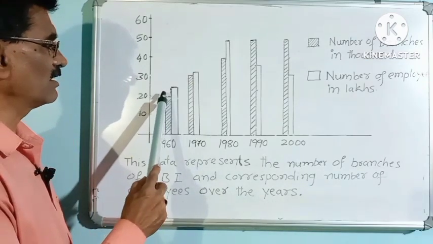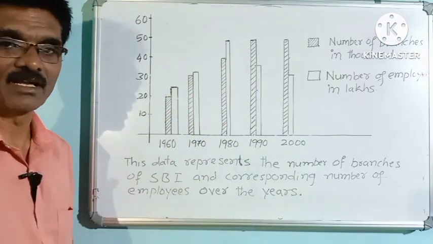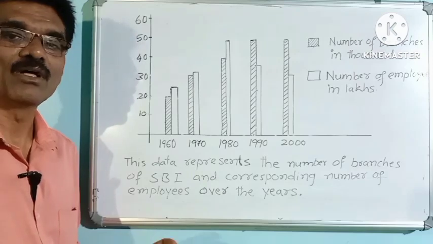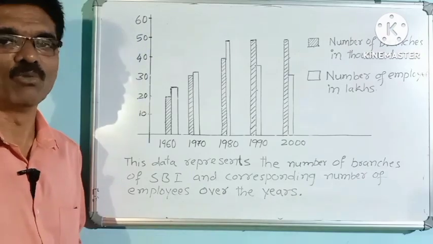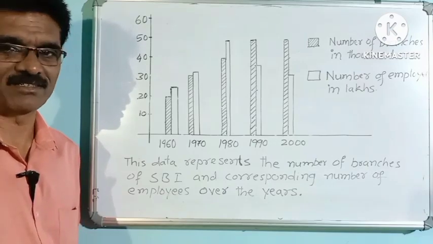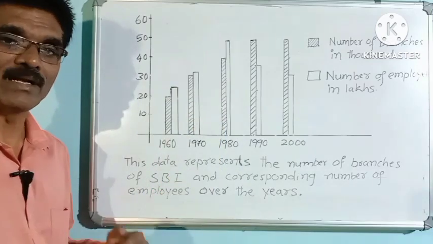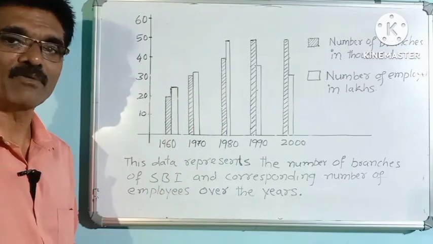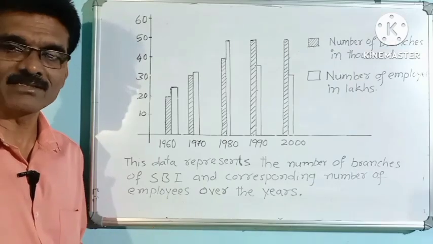The gradual increase in the number of branches is due to the increase in the population. Very simple. The more the people, the more the branches. And the number of employees also went up because as the number of branches increases, the manpower also has to be increased.